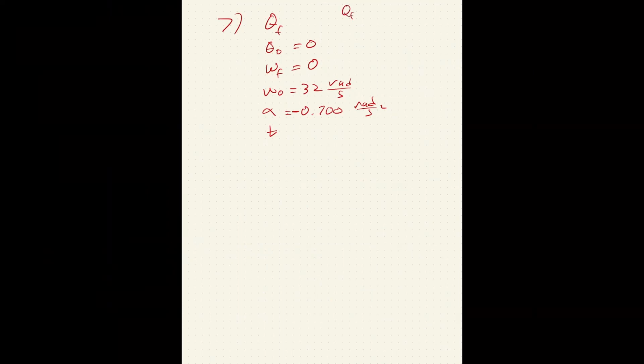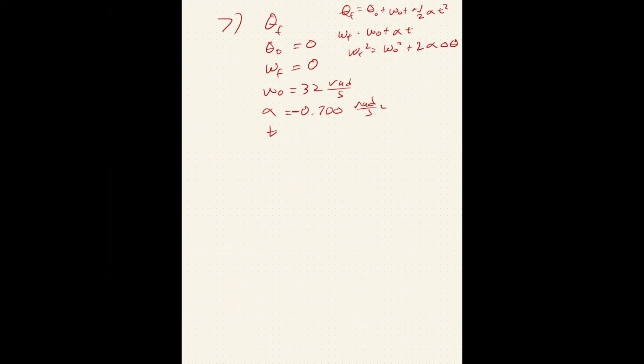Theta F is equal to theta initial plus omega initial t plus 1/2 alpha t squared. Omega final is equal to omega initial plus alpha t. And lastly, omega final squared equals omega initial squared plus 2 alpha delta theta.